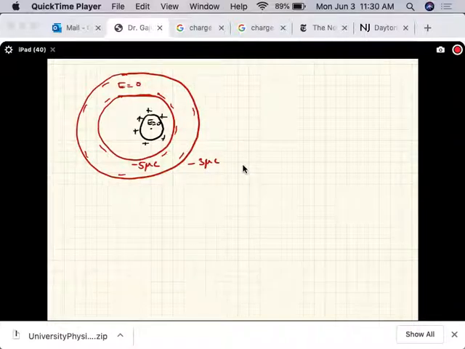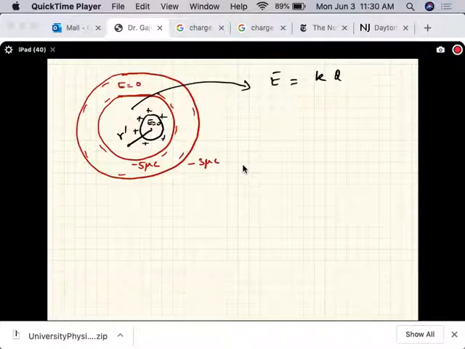And the electric field in this region, we'll call this R prime. The electric field there is equal to K Q divided by R prime squared, where Q is 5 microcoulombs.